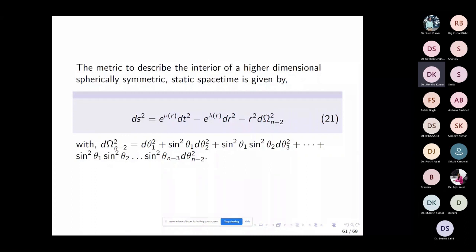So here we have ds square equal to e raised to the power nu dt square minus e raised to the power lambda of r dr square minus r square d omega square n minus 2, where d omega square n minus 2 is given by d theta 1 square plus sin square theta 1 d theta 2 square plus sin square theta 1 sin square theta 2 d theta 3 square and so on. It goes up to sin square theta 1 into sin square theta 2 up to sin square theta n minus 3 into d theta square n minus 2.